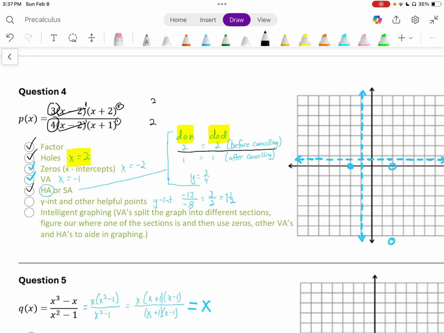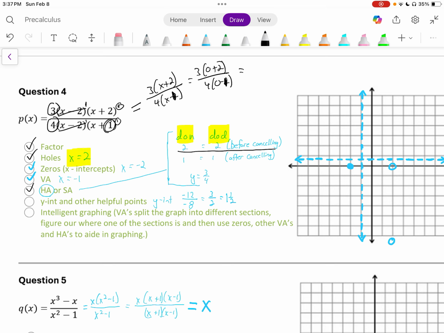Y-intercepts, we can put 0 in for x. What we'll do here is rewrite this without our canceled factor. Put 0 in. We probably can just do this mentally, but let's throw 0 in there. Oops, sorry guys, that's a 1.